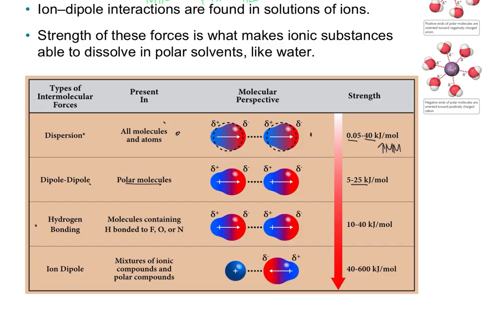Hydrogen bonding is a special type of dipole-dipole, specifically for hydrogen bonded directly to fluorine, oxygen, or nitrogen. That's even stronger. And then we have ion-dipole, which is a mixture of ionic solids and polar compounds, and those are very strong.